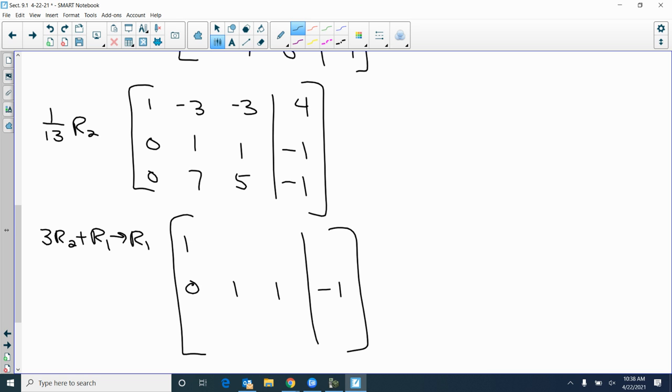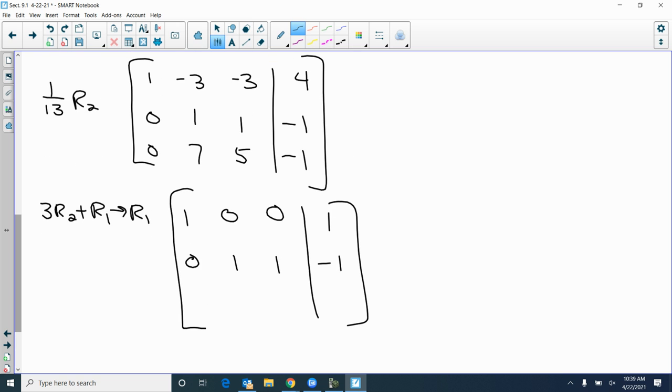You're still following the operations, so it's not going to affect it. 3 times 1 is 3, plus negative 3 is 0. 3 times 1 is 3, plus negative 3 gives me another 0. Sometimes that third 0 will change, sometimes it'll stay the same. 3 times negative 1 is negative 3, plus 4 is 1.